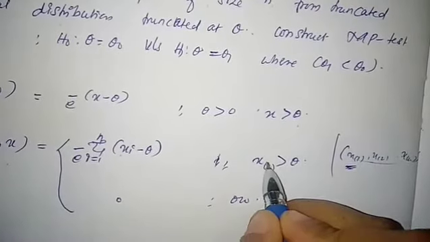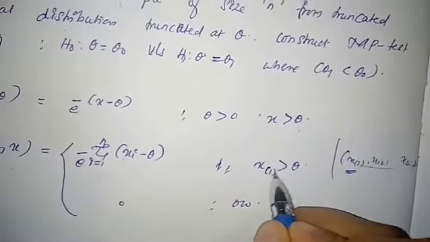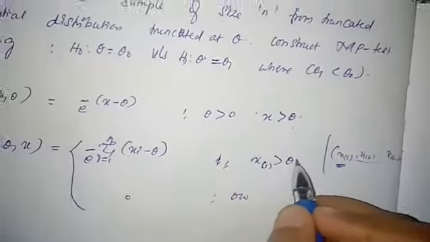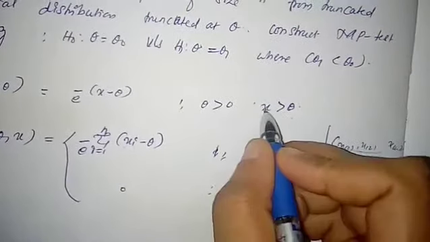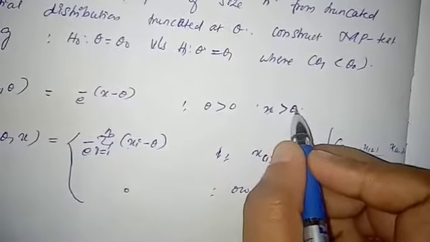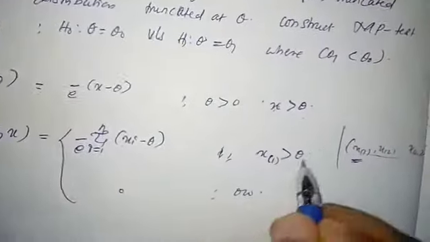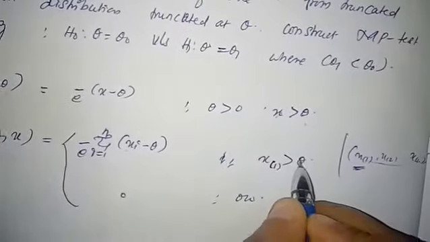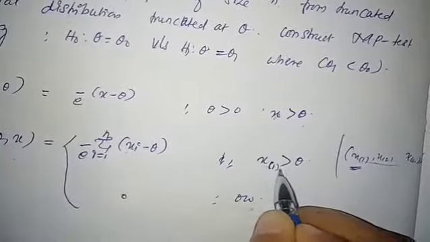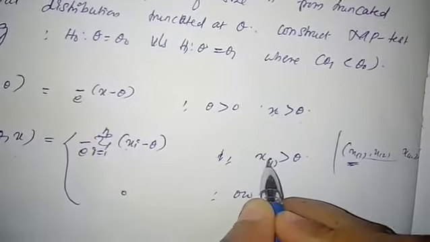So we can write it as x1 is greater than theta. That is, in the likelihood, theta must be less than the least value of x, the first order statistic.